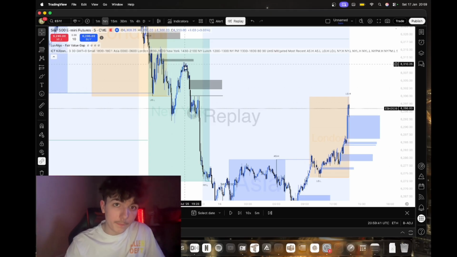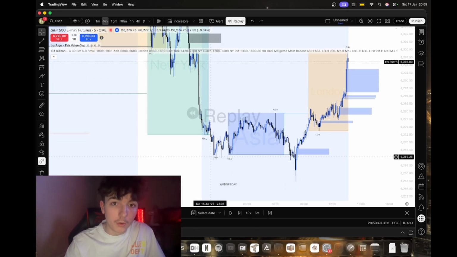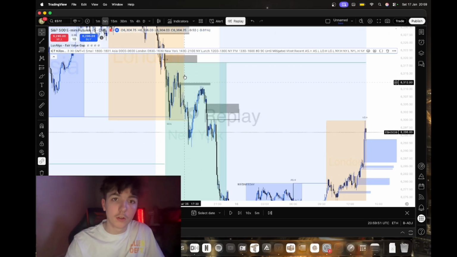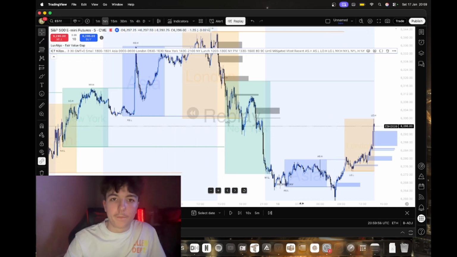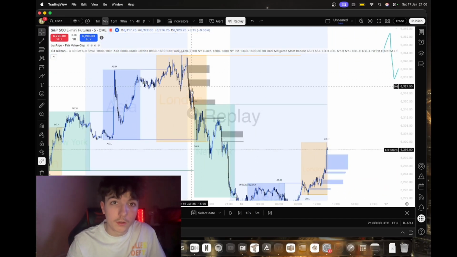We've got a high, we've got a low. We then get a lower high and a lower low. So this is a downtrend, because we're moving down. See? We get a high here, a low.